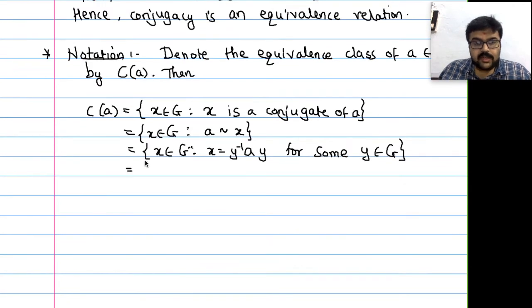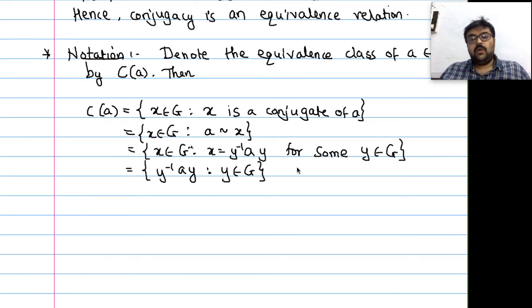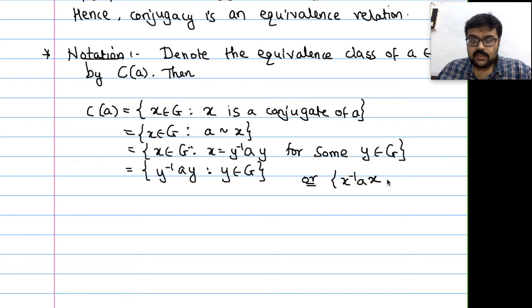We can directly write that this is the set of all Y inverse AY such that Y belongs to G. So these are all conjugates. Or we can also write X inverse AX such that X belongs to G, if you don't want to use the symbol Y. Now this X is not the same as the earlier X, but just instead of Y I am writing X. So this is the set, this is C of A.